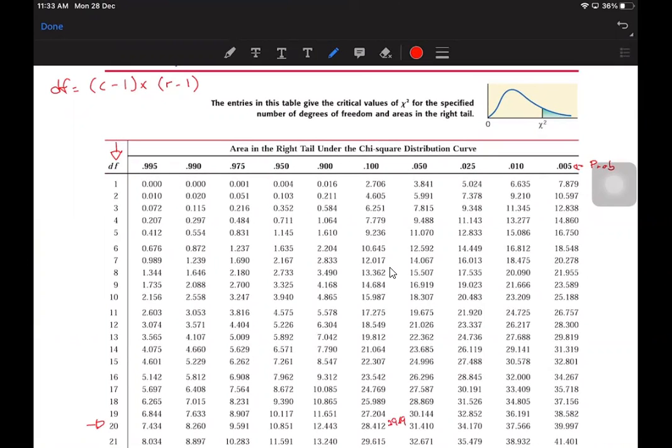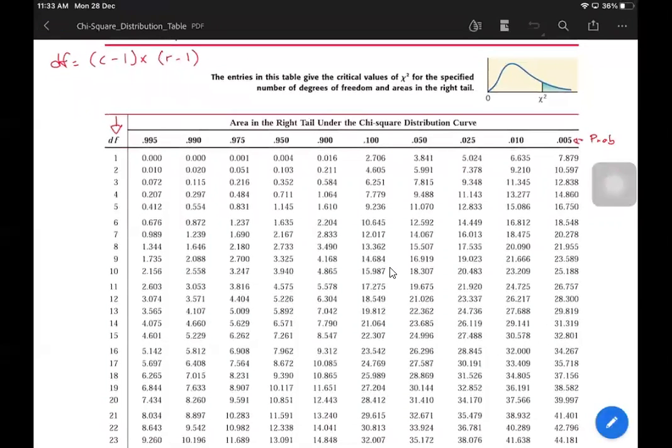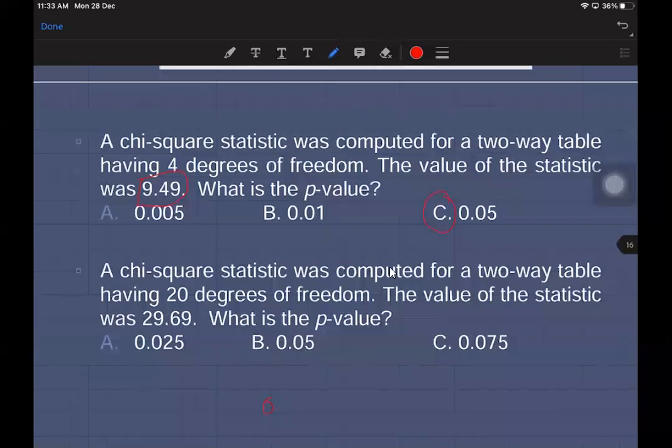We don't have the exact one, so it will be between 0.5 and 0.1. The closest answer is C, because it's in the middle.